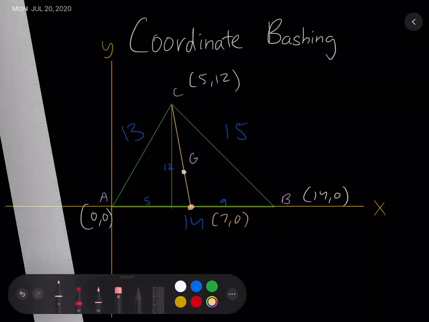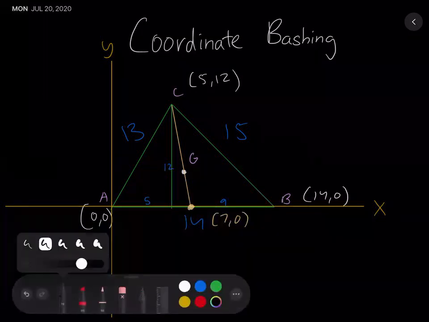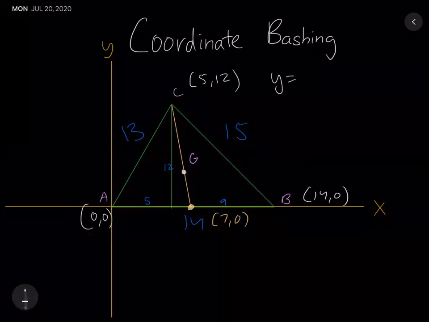If it goes through (5, 12) and (7, 0), then y is equal to, the slope is -6 because it drops 12 and goes across by 2. So it's -6x plus 42. You can find this by plugging in any point, either (5, 12) or (7, 0). You'll get y equals -6x plus 42. So we know that the centroid lies on that line.